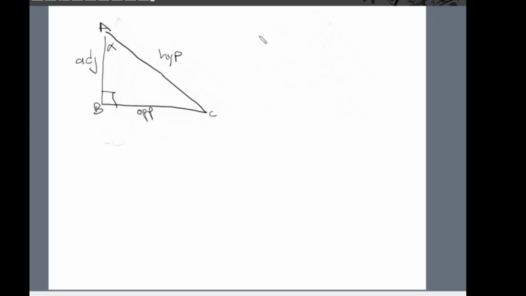So the ratio sine alpha is defined as the opposite side divided by the hypotenuse. In this case the opposite side is BC, so it is the side BC divided by the hypotenuse AC.